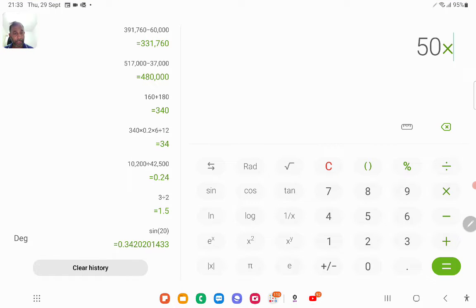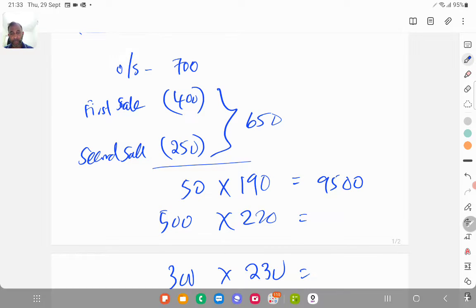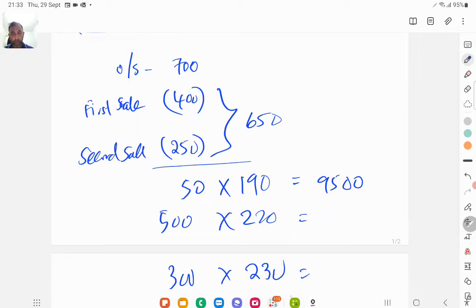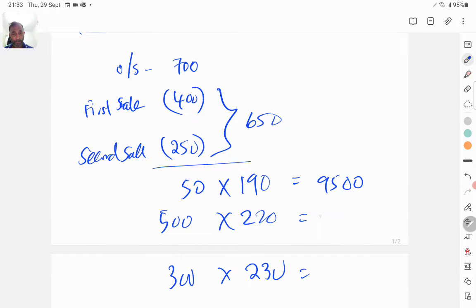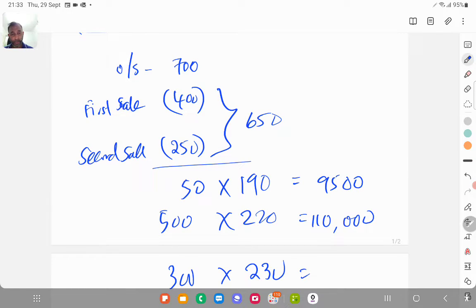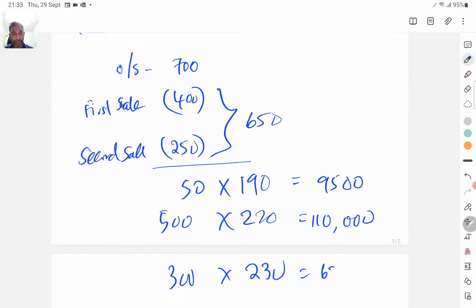50 into 190, that gives you 9,500, and then 500 into 220, that gives you 110,000, and then third one, 300 into 230, that gives you 69,000.